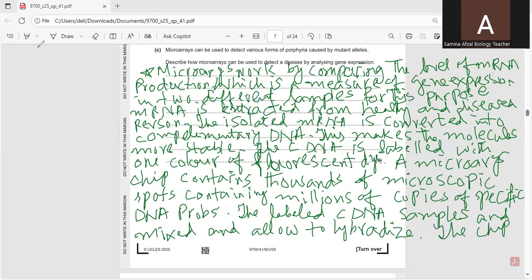The chip is washed to remove any complementary DNA which did not hybridize.